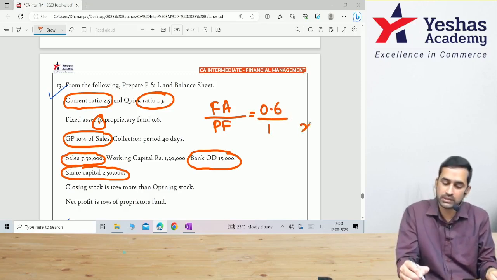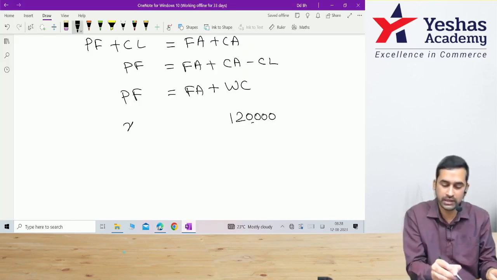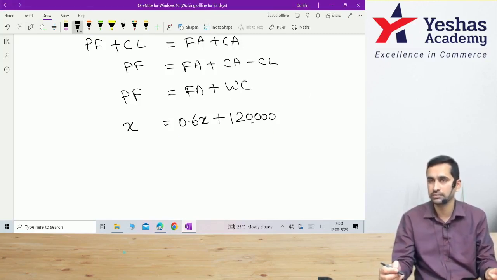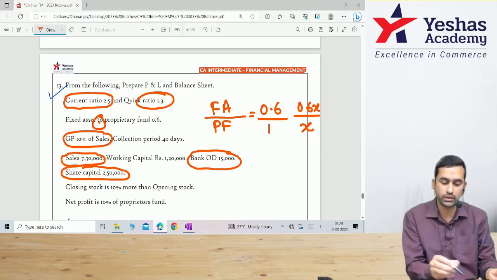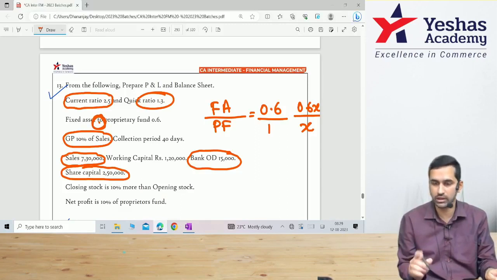That means if this number is written as X, then this number is 0.6X. Therefore, if I write proprietary fund as X, then fixed asset is 0.6X plus working capital of 1,20,000. Everybody able to follow? Fixed asset is the numerator, proprietary fund is the denominator.